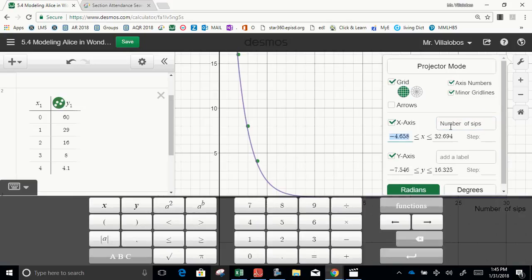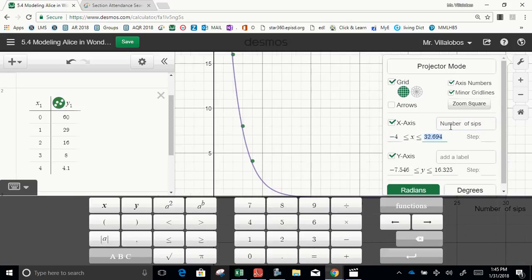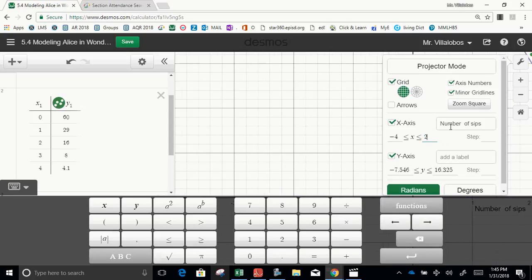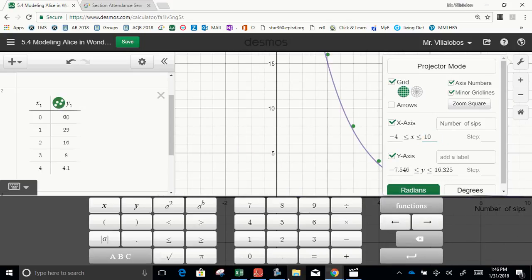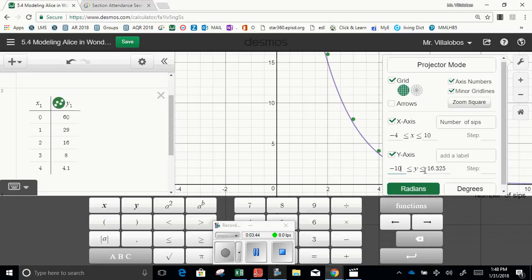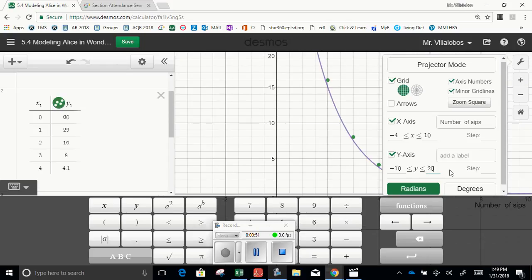And we're going to go -4 to 20 sips. 10 sips. Okay. Now we're going to change this, the y-axis should be her height. So her height, I need to put a spacer of, I don't know, 10. And then the y, how tall do I want her to be? Let's go with 20. That should cover the data.